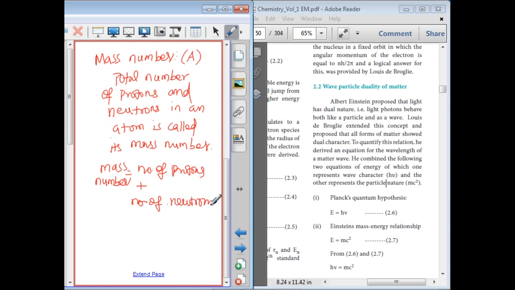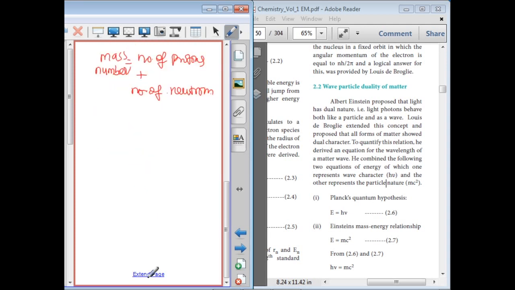Then how to calculate the number of neutrons? The number of neutrons equals mass number minus number of protons. For example, we are going to calculate the number of neutrons in magnesium.